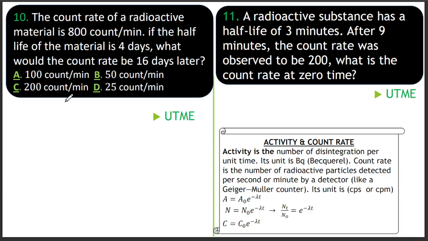Okay, question number 11. Let's use the formula method first before using the arrow method. So the formula again is C is equal to C naught times half raised to power n, where n is small t over capital T. Okay, so let's list out the parameters.